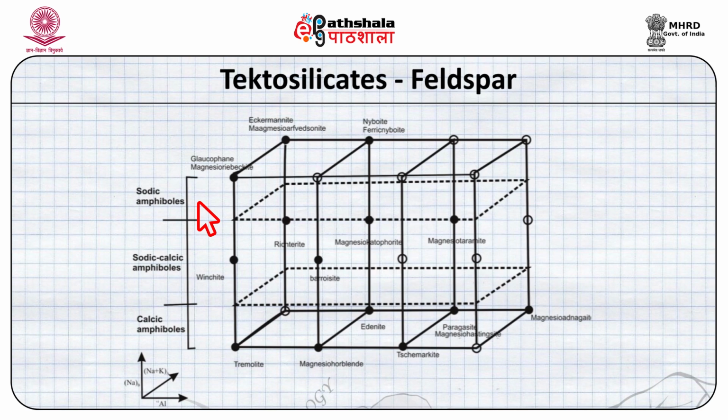In the horizontal axis, you have tremolite, magnesio-tremolite, actinolite and others present. So, this classification again signifies the wide range of amphibole compositions present in nature.